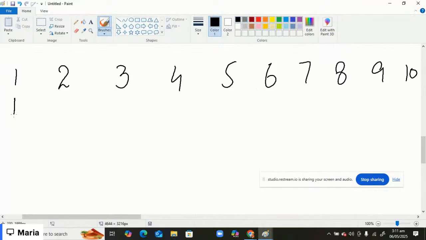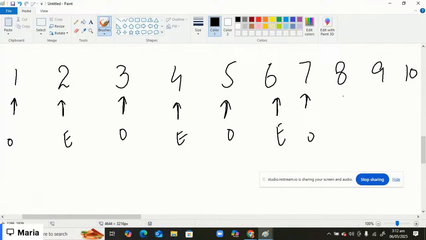Look at here, this is odd, that is even. Now it's again odd, it's even, it's again odd, now it's even, now it's odd, then even, it's odd, and then it's even. Okay, one is odd, one is even. This is the easy way to understand, like from 1 to 10 counting.